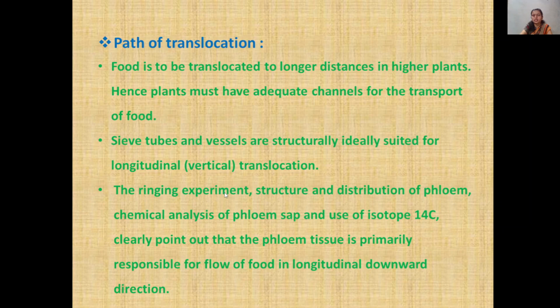The ringing experiment, structure and distribution of phloem, chemical analysis of phloem sap, and use of isotope 14C clearly point out that the phloem tissue is primarily responsible for the flow of food in the longitudinal downward direction.